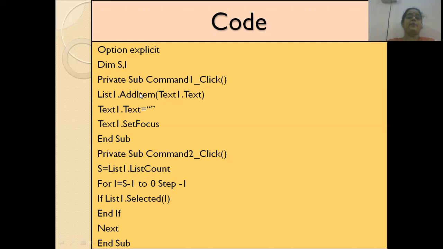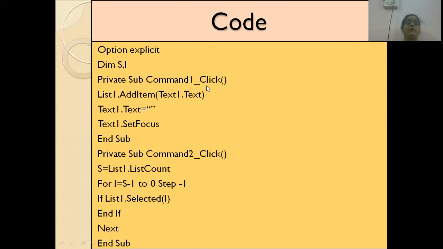In this example, I'll try to add an item and remove an item from the list box. I'm going to use the list box here. By clicking on a specific command button, I have considered two command buttons.